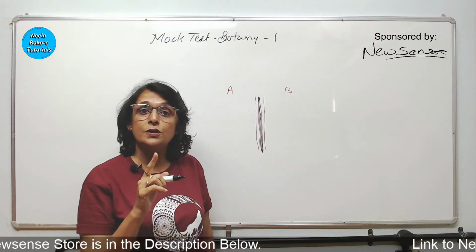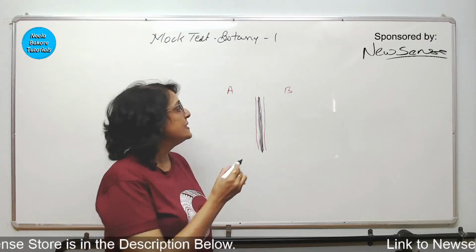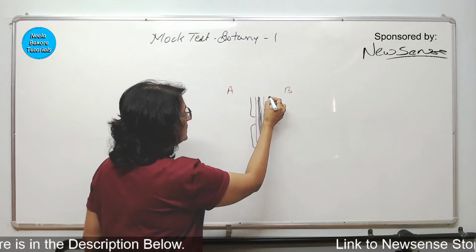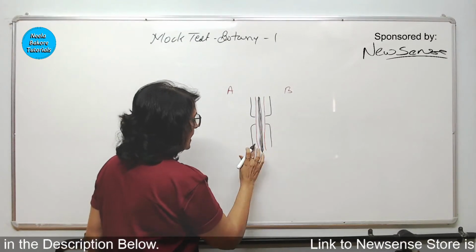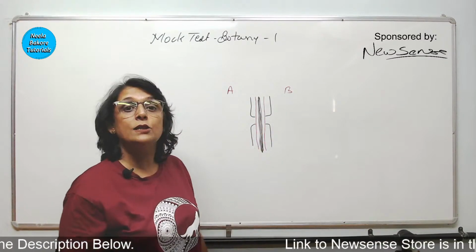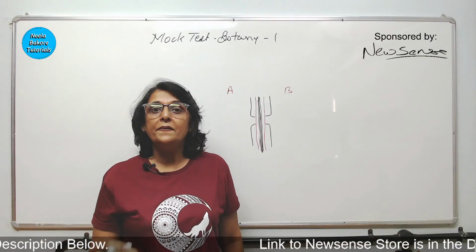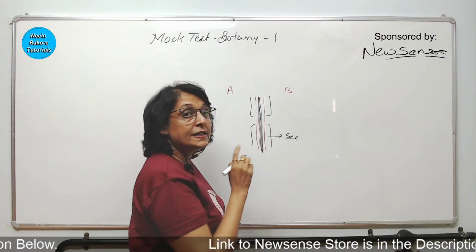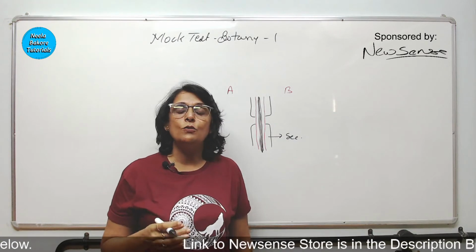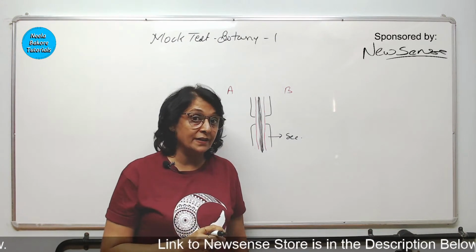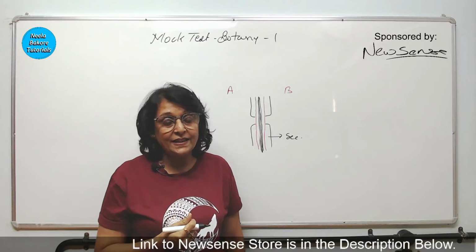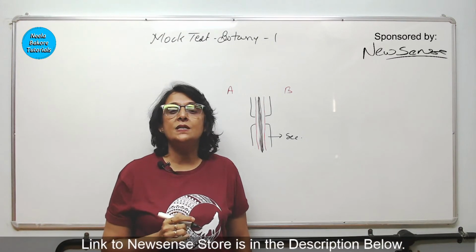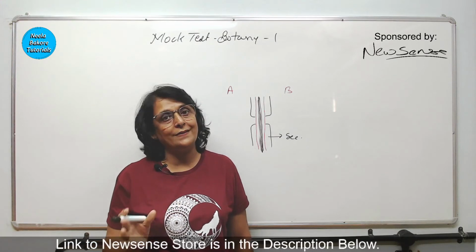Then is deposited the secondary wall. Secondary wall is deposited in such a manner that there are areas where the secondary layer is not deposited. The reason is in the secondary cell wall, along with cellulose, hemicellulose, there are some other substances like pectin, cutin, suberin, and these substances are impervious to water and gases.